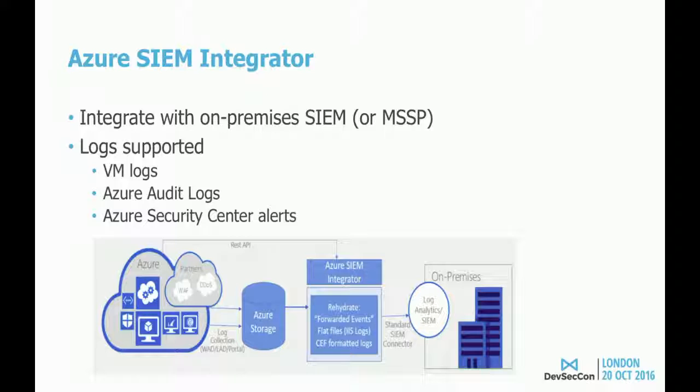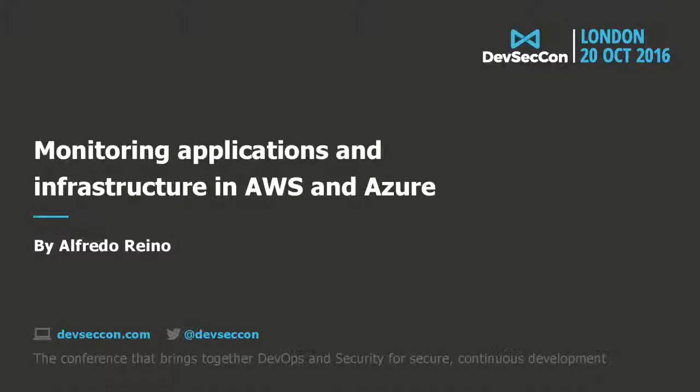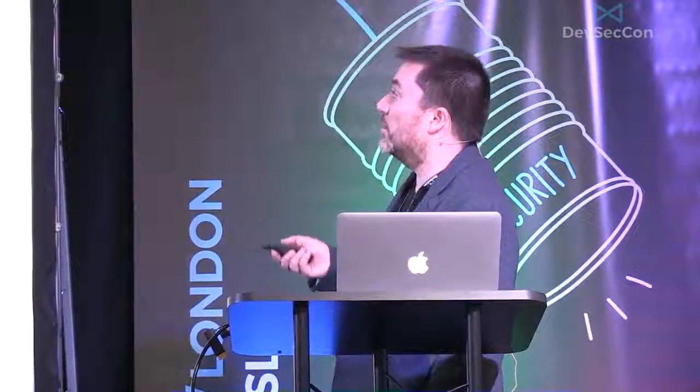And if you give it credentials, it will connect to the cloud and pull the logs into a folder in JSON format. And then if on the same server or machine you install your SIEM Windows collector agent, it will pull the logs. So basically you deploy what's called the AzLog integrator on a Windows server.